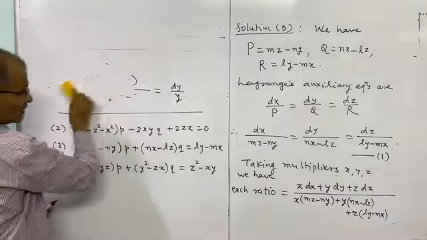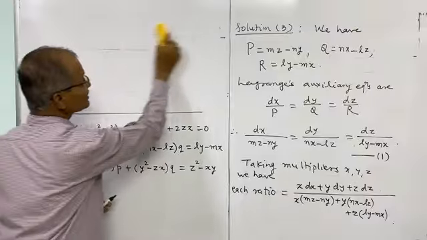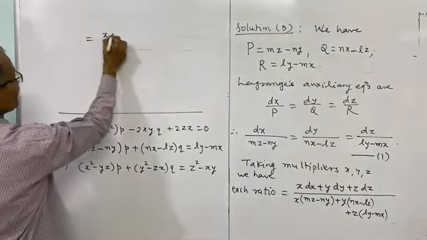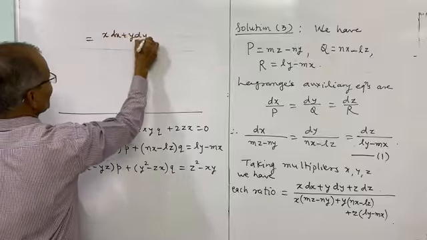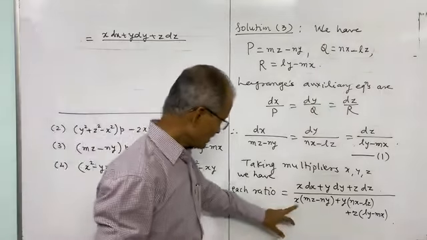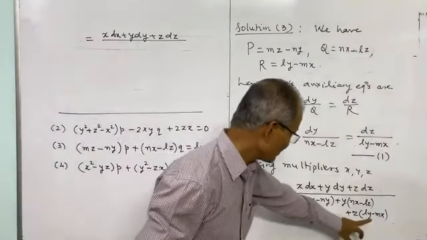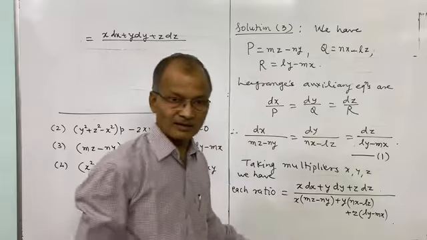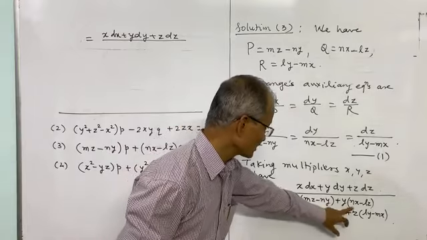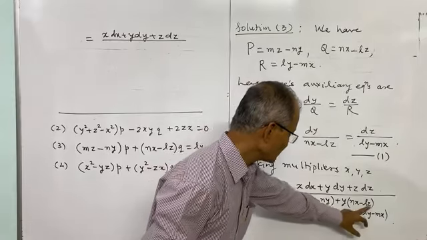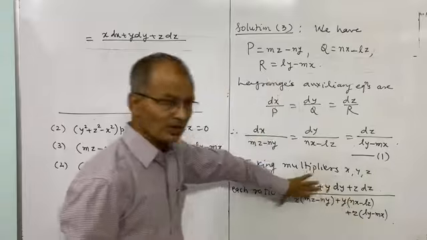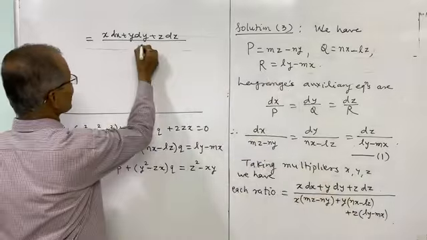The numerator is the same. What is important is the denominator. So this is x dx plus y dy plus z dz divided by: x mz and minus mxz are negative of each other, minus n xy plus n xy cancels, and minus l yz and plus l yz. So each term gets cancelled and the denominator becomes 0.